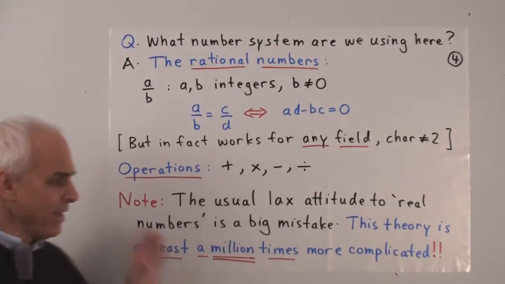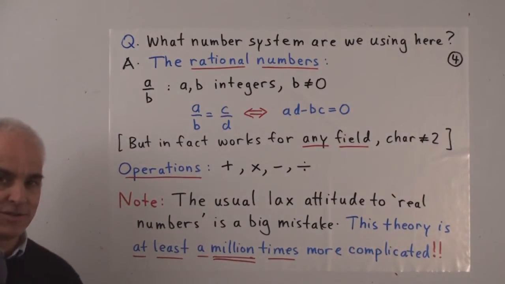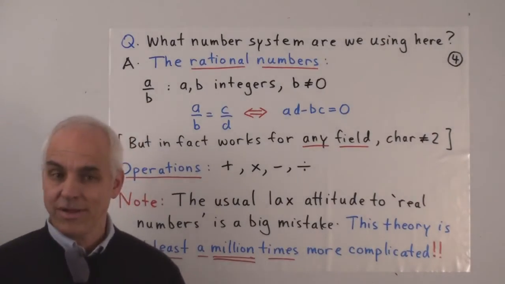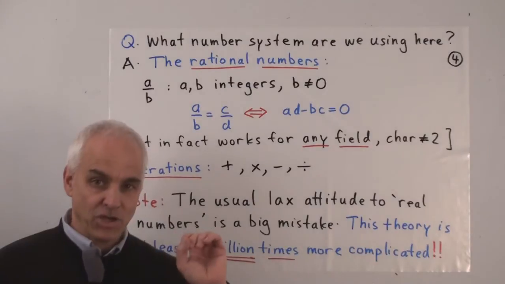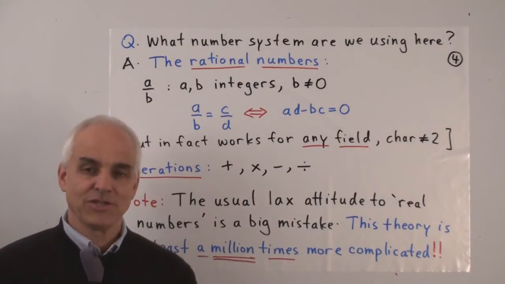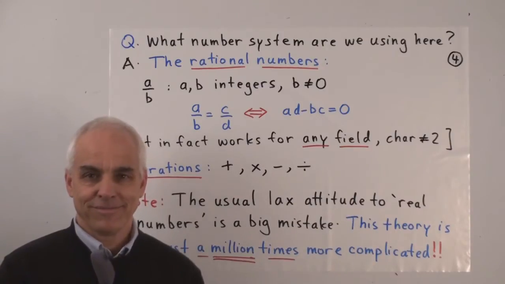So this is one of the big advantages in our approach to hyperbolic geometry, in fact, in our approach to geometry generally. We're concentrating on the rational numbers. And remarkably, the theory works beautifully just with the rational numbers, as you'll see.